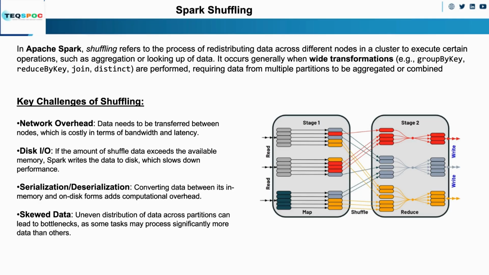And then the fourth and last but not the least point is skewed data. Uneven distribution of data across partitions can lead to bottlenecks, as some tasks may process significantly more data than the others. So in layman's terms, here is how skewed data looks. Suppose I have employee details, and one of the columns is the employee department.